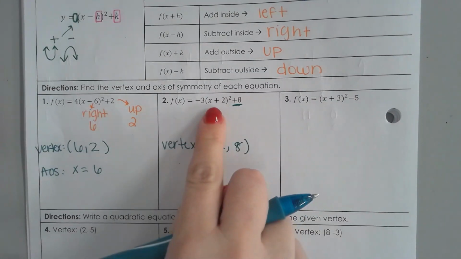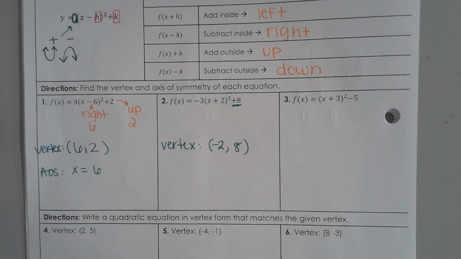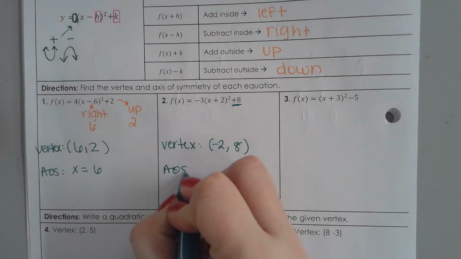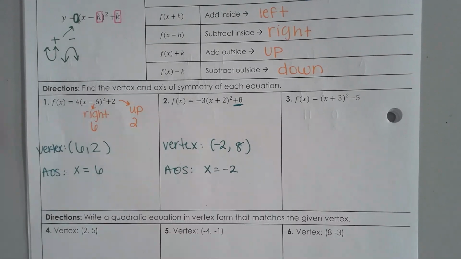Only the inside is opposite. It has become a -2. And then the axis of symmetry is what? x equals -2. Do number 3.